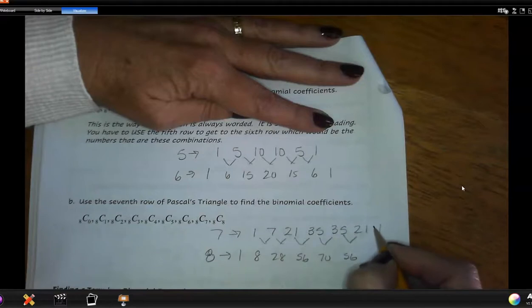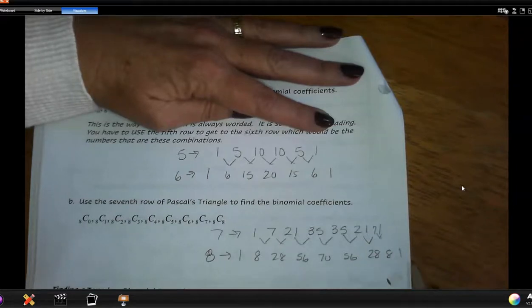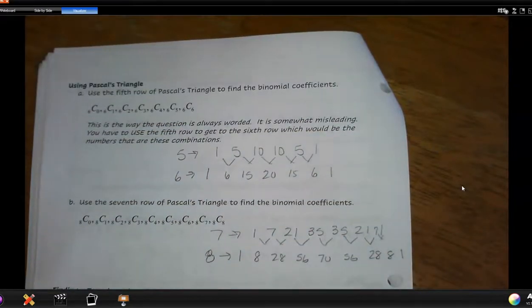Oops, I forgot my 7. 28, and then 8, and then 1 again. I kind of ran out of room there. Okay, so that's kind of how that might look.